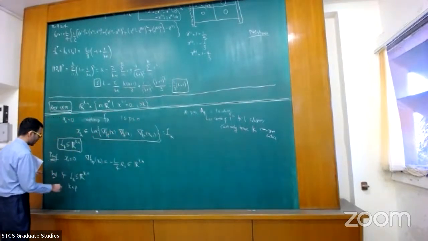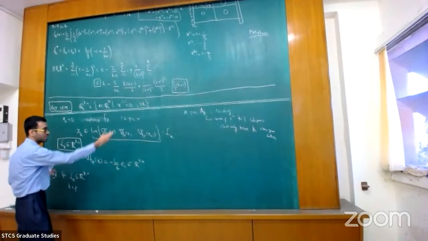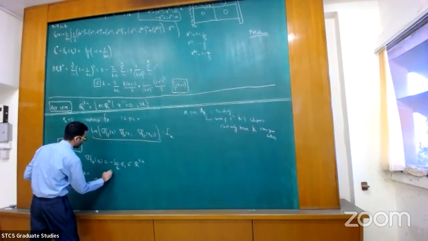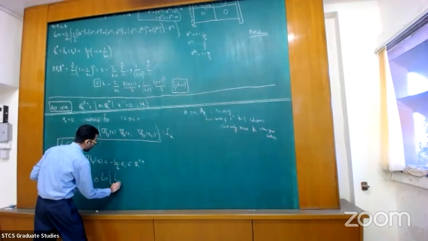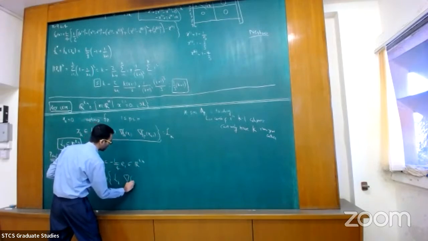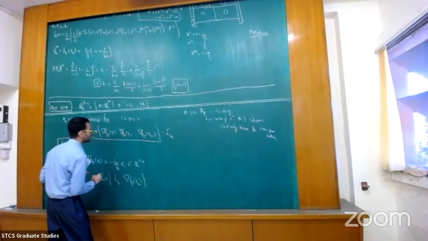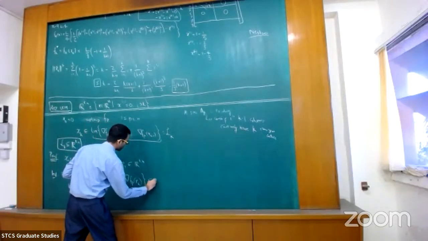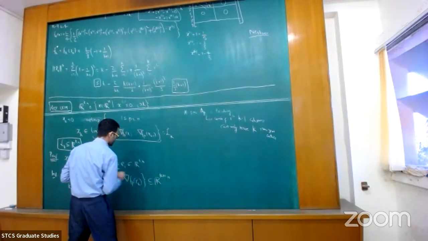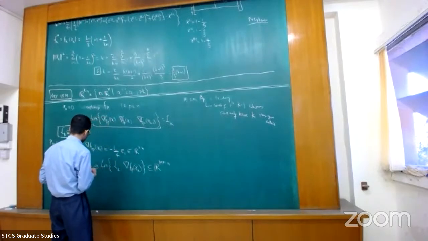So now this L_K is in R_K, and if you do this combination of L_K and your next gradient, this must be in R_{K+1}.